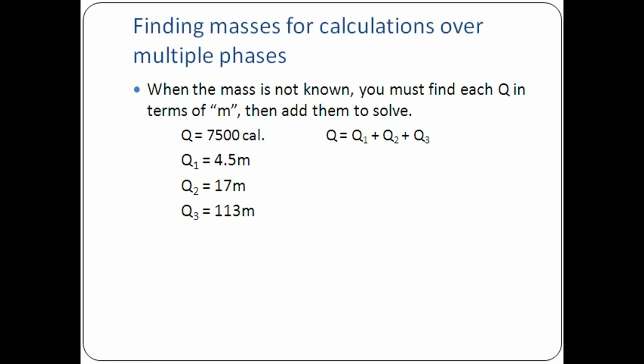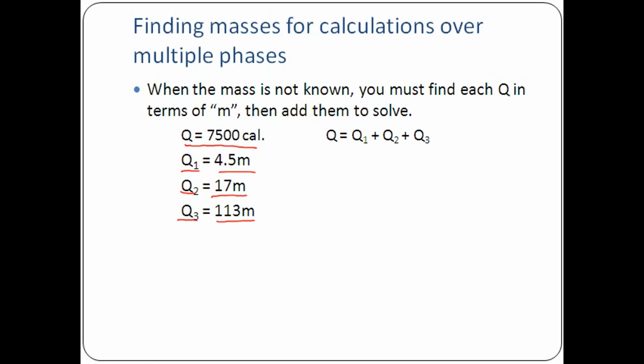So if you know the total energy, in this case we've added 7,500 calories, what you have to do is find each of your Qs, Q1, Q2, Q3, Q4, Q5, however many you have, in terms of M. If you had Q equals Cm delta T, you could put in C and delta T, but since you don't know M, you leave it as M. Let's say you do that, and Q1 is equal to 4.5 M, Q2 is 17 M, and Q3 is 113 M.